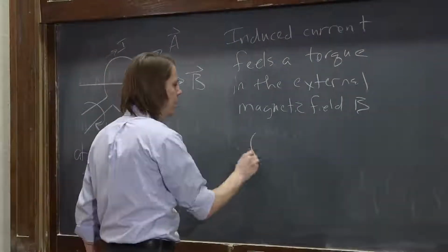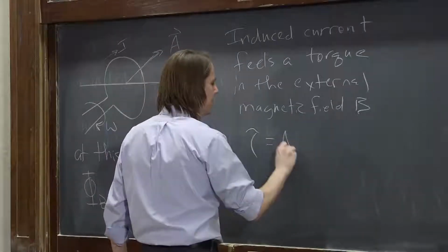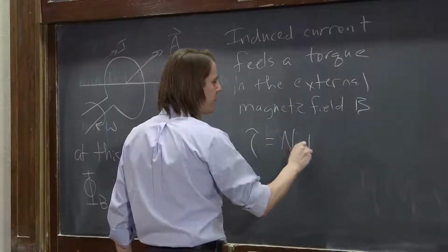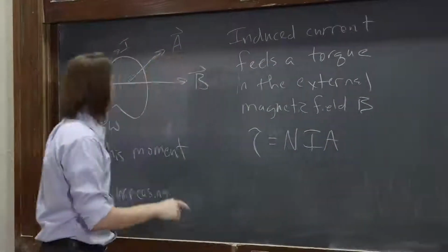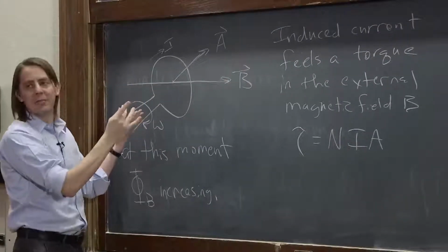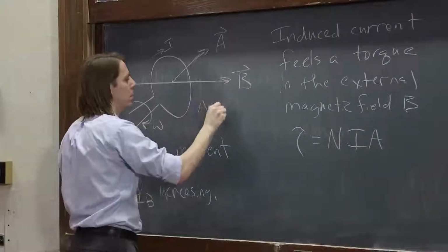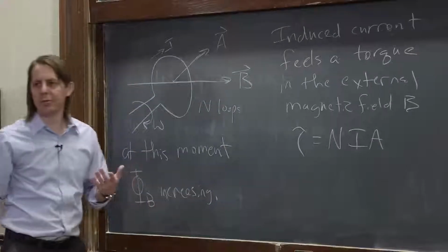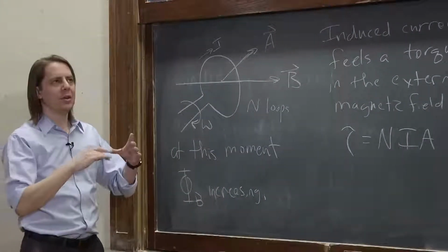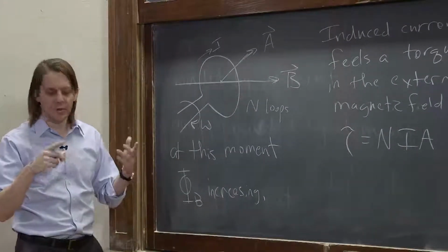So that torque, it's actually NIA. I just drew one loop here, but I could have N loops. It doesn't have to just be one. So the magnetic moment of a loop is NIA, just in case you have multiple loops.